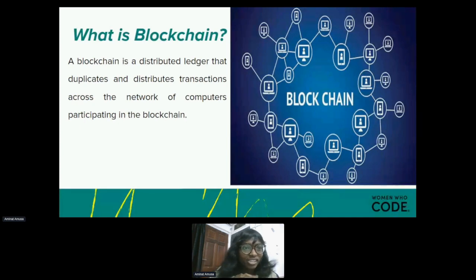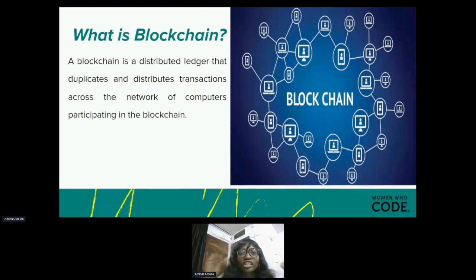Blockchain is a distributed ledger of duplicates. Think of blockchain as a Google spreadsheet. And this Google spreadsheet is not only on one computer, it is shared across numerous computers and they are all connected in a network.